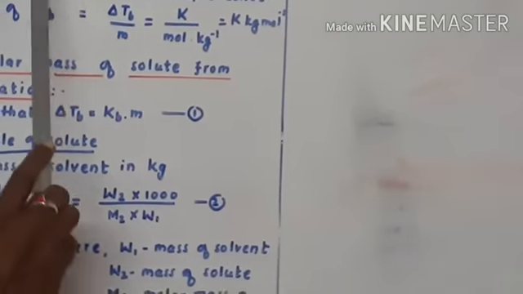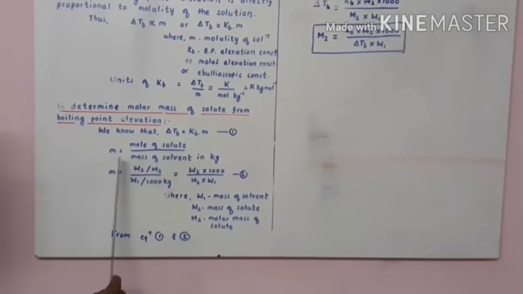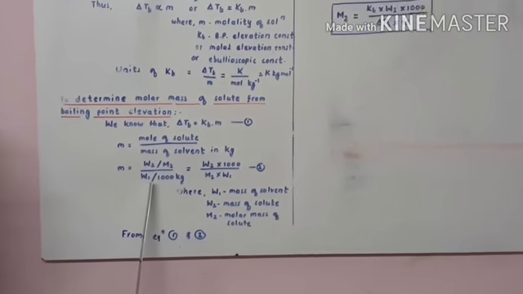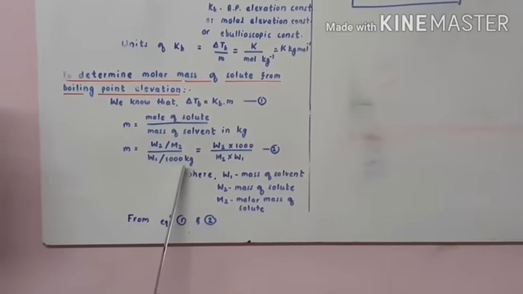We know that again delta Tb equals Kb into m, where m is molality. How can molality be found out? Number of moles of solute upon mass of solvent in kilogram. So W2 upon M2, number of moles of solute, and mass of solvent can be denoted by W1 in kilogram, so therefore upon 1000.